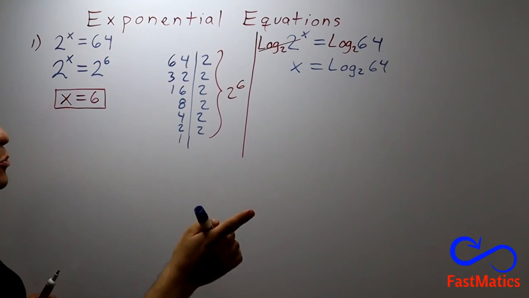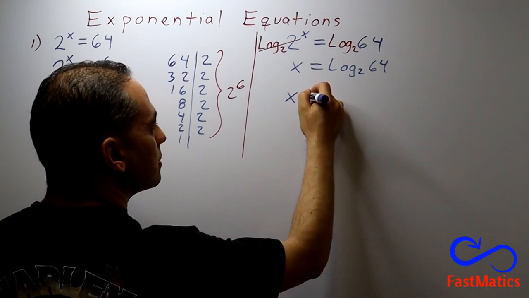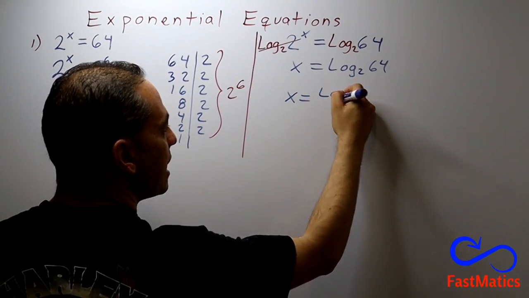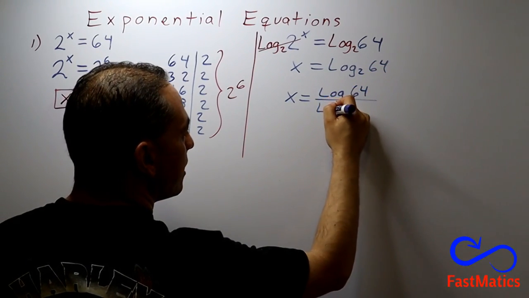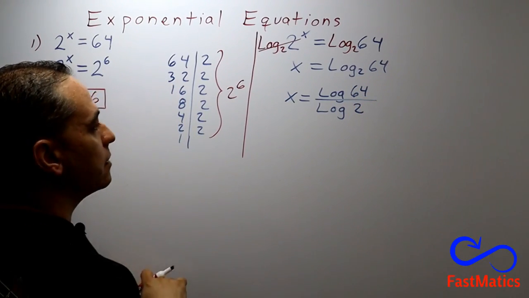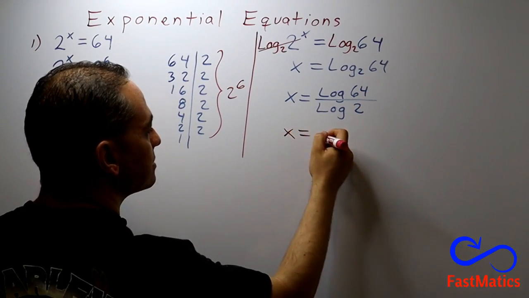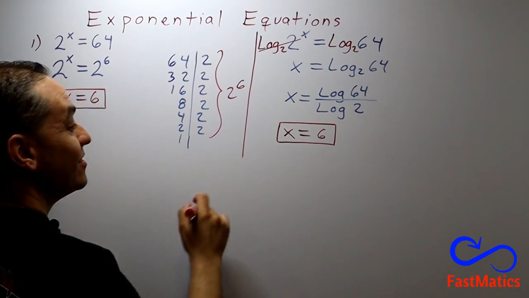Remember our last property of our last video. Then you will write log base 10 of the argument divided by log base 10 of the base. And here with the calculator you will get x is equal to 6. And that's all, very simple.